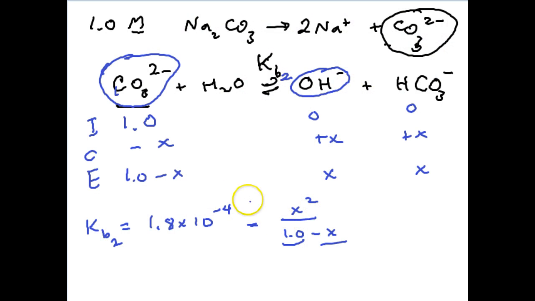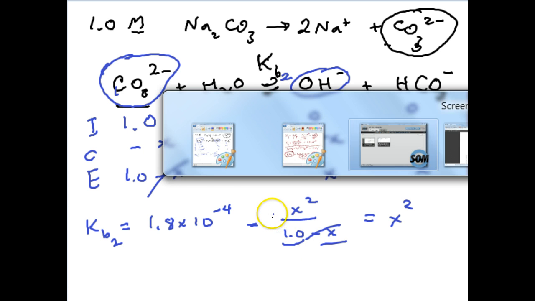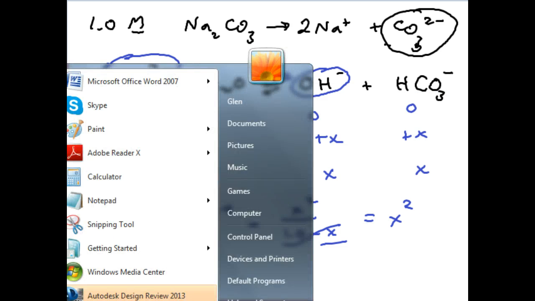So I'm going to try, in this multiple choice case, to approximate this as just 1. So that means 1.8 times 10 to the minus 4 equals x squared. So I'm going to take the square root. Oh, rats, I don't have the calculator anymore. Here, I'll get it again.